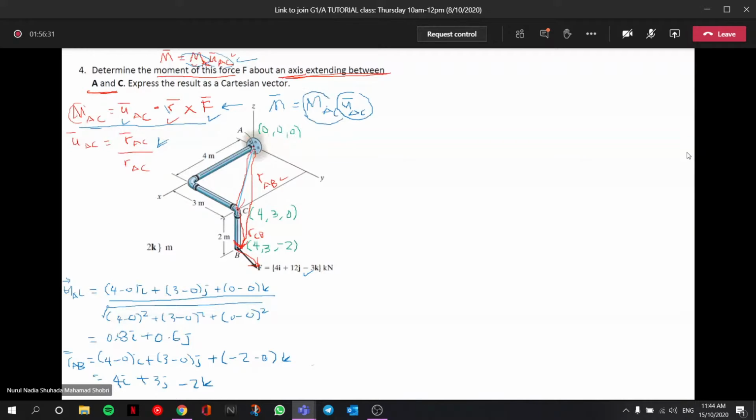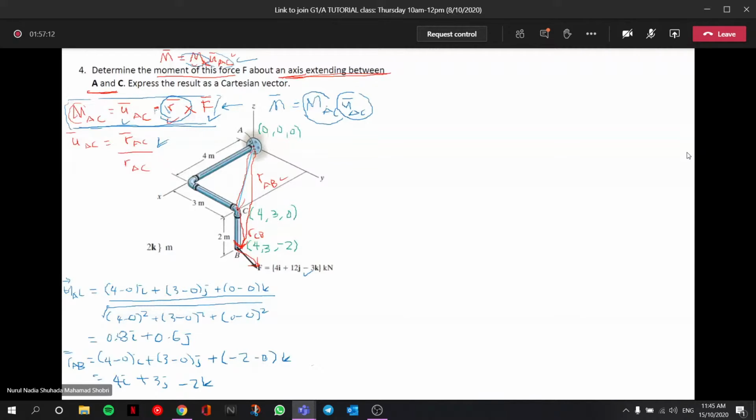So to find this value, we have to use this formula: vector M equal to vector U, dot product, vector R times vector F. In the equation itself, it requires us to have vector R. So that's why we have to find the vector R.